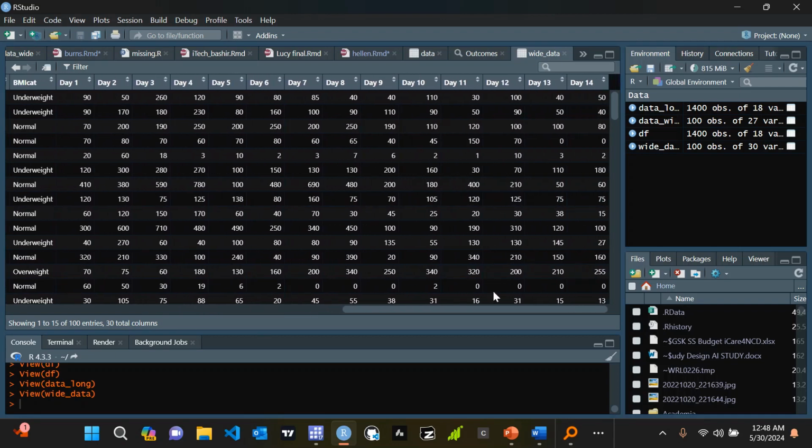The wide format separates the days, day 1, 2, 3, 4, each with its own cough frequency. We want to look at the correlation structure between these days.